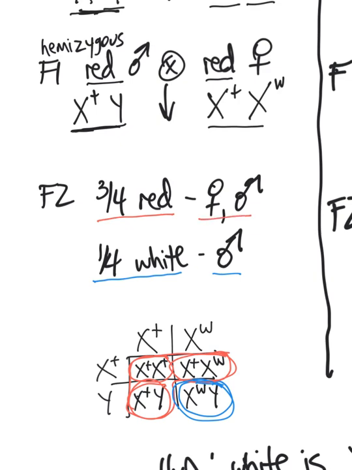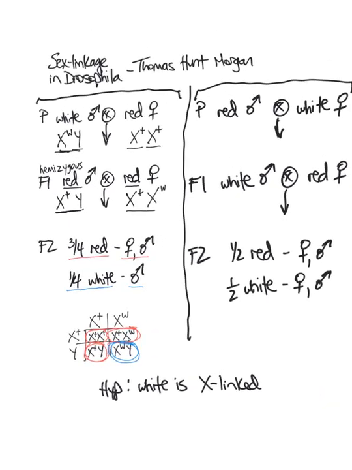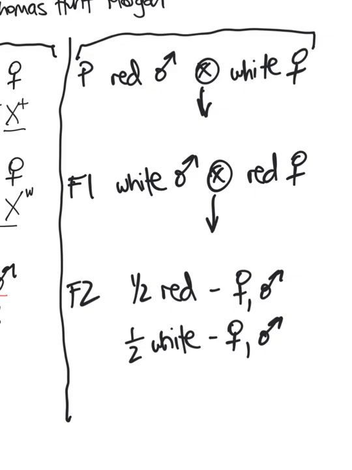Okay, so that seems to make sense. This hypothesis seems to hold for this first cross, but if it's a good hypothesis, it's going to explain the reciprocal cross results as well. So let's look at that. I'm going to move over here and let's go through the genotypes that we would expect to see.